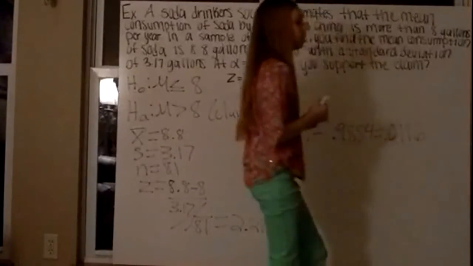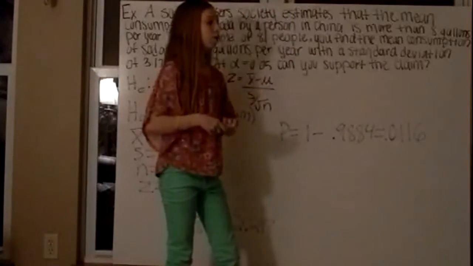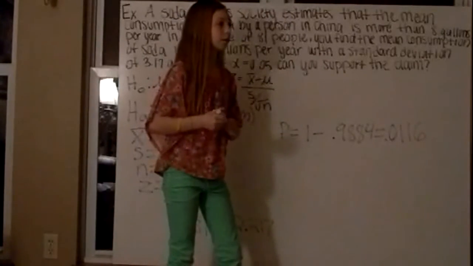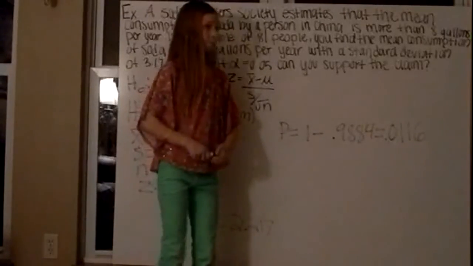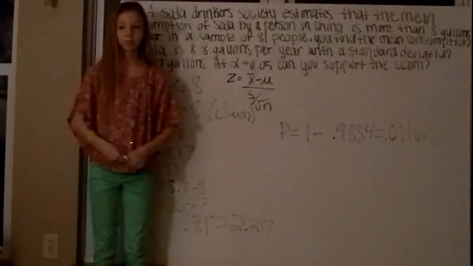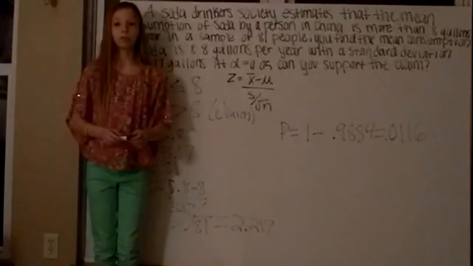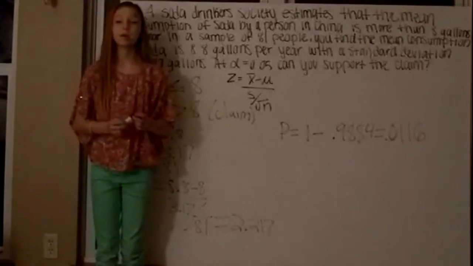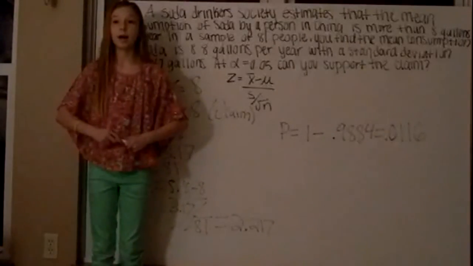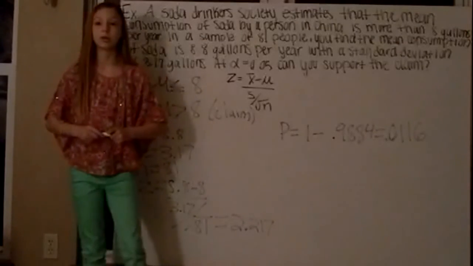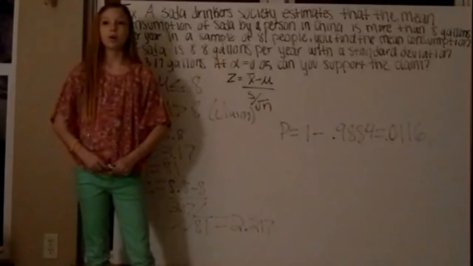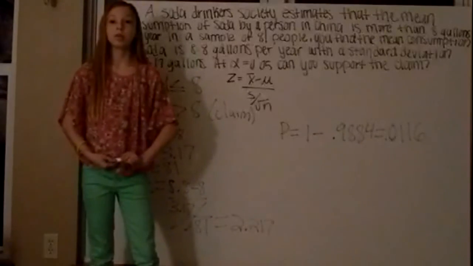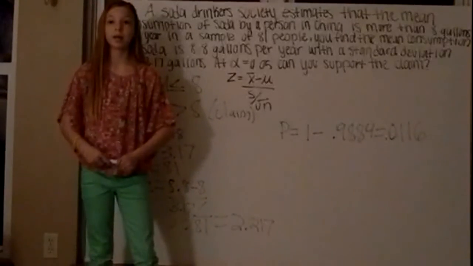Since the p-value of 0.0116 is less than alpha, we reject the null. Our conclusion would be there is not enough evidence at alpha equals 0.05 that the mean consumption of soda for a person living in China is more than 8 gallons a year.